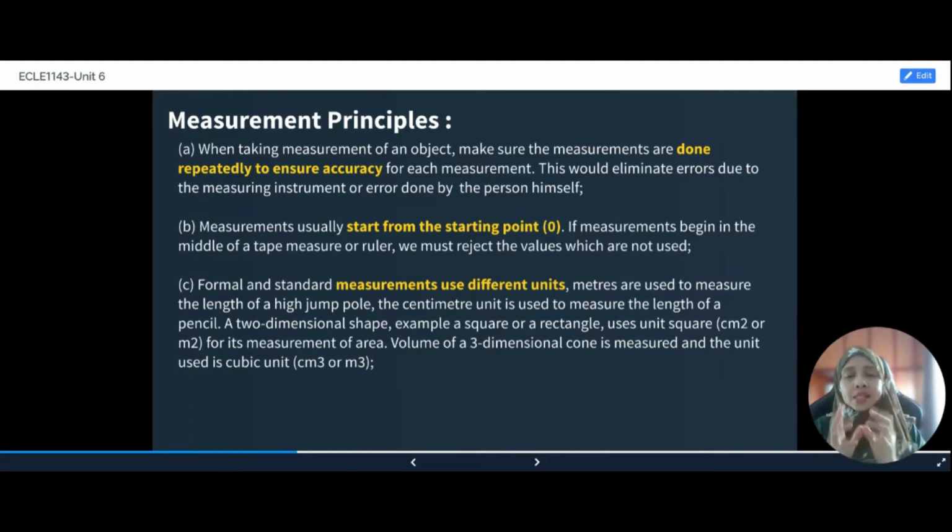So when we start to introduce them the concept or the units associate with the measurement, we call that as a standard measurement.